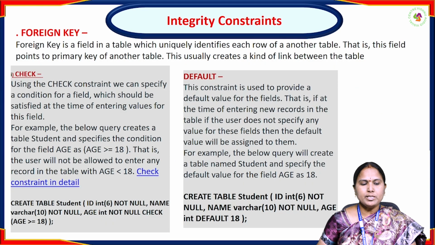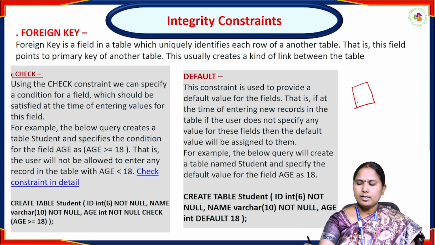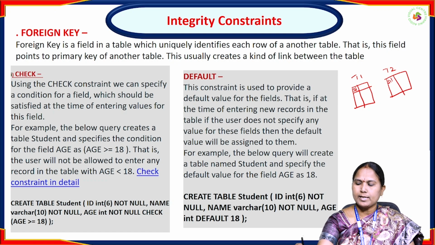Okay. Coming to the next one, foreign key constraint. The foreign key constraint is also called the referential integrity key constraint. It can refer one table's values with another table's values. Suppose this is table 1, this is table 2. You can imagine it. Suppose here SID, here also SID will be there.